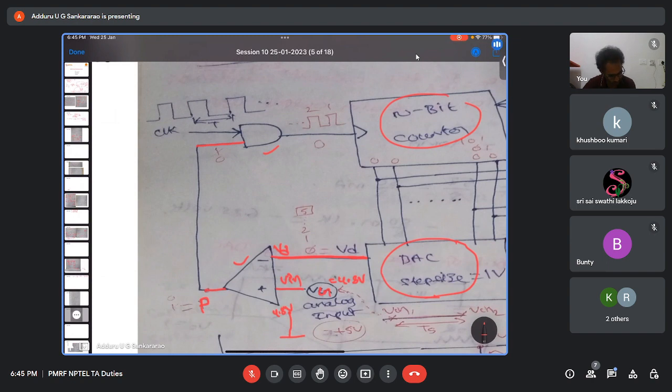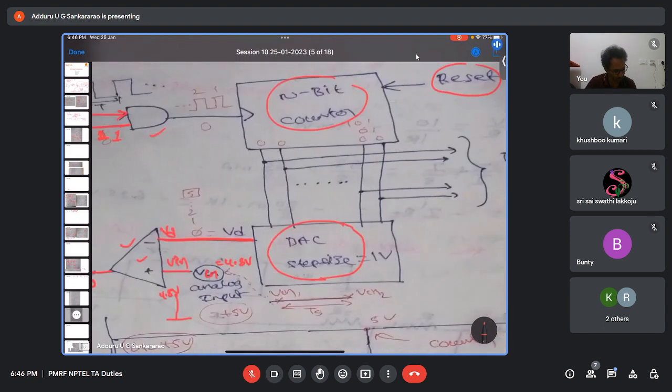Now when P is 1, the clock will reach the counter. One input of this AND gate is clock, another input is the output of this comparator. So when P is 1, the clock pulse will reach the counter. The counter will be incremented. You know, right? Based on the clock pulses, the counter value will be incremented.